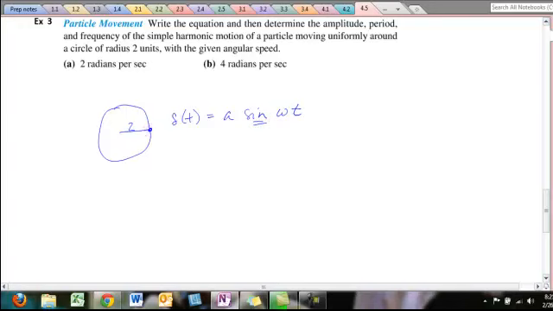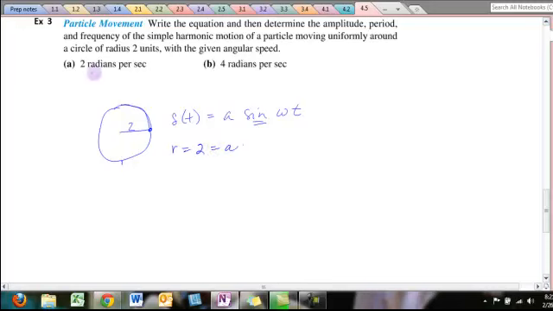And I know that I have a radius of 2 units, which means when I move around in this direction, the maximum height is going to be that radius of 2. The minimum is going to be down here and still 2. In other words, because the radius is 2, that's also the amplitude.